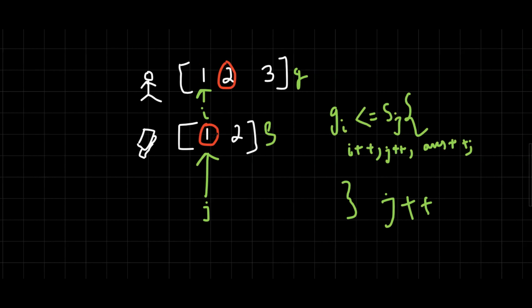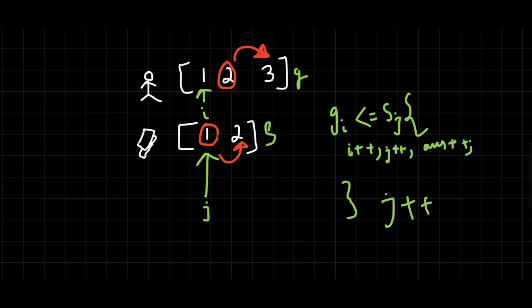So it is not satisfied. So what is the optimal strategy? Should we look at the next student, or should we look at the next cookie? The optimal strategy is we should use the next cookie, because the next student has a value greater than the current student. So it is not meaningful.